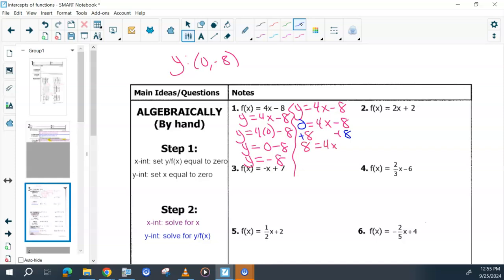And then divide by 4. So we get 2. Or if I was writing that as an ordered pair, what would that look like? (2, 0). What questions do we have on that process so far?